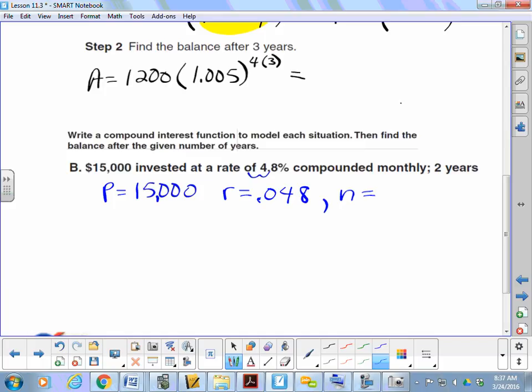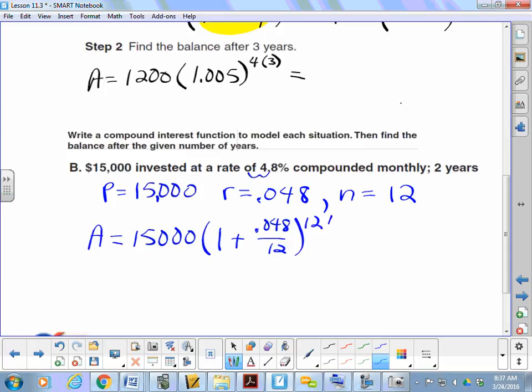And if it's monthly, how many times a year is that? 12. Okay. So A equals 15,000 times 1 plus 0.048 divided by 12, to the power of 12t. And then simplify that part in the middle here. 0.048 divided by 12 is 0.004, so I think that's 1.004 now, right?